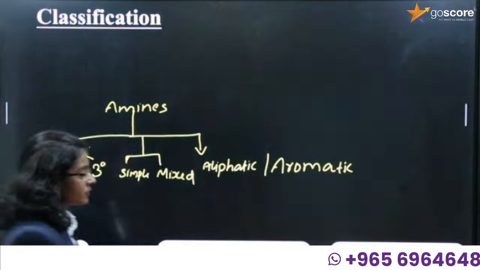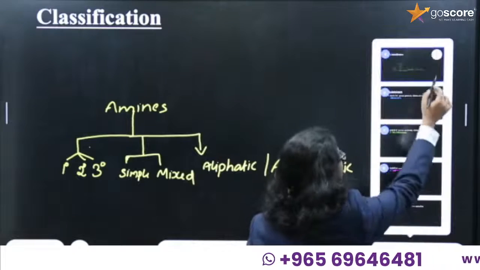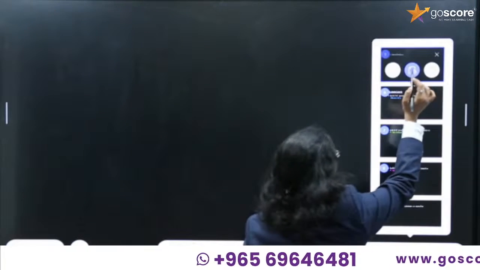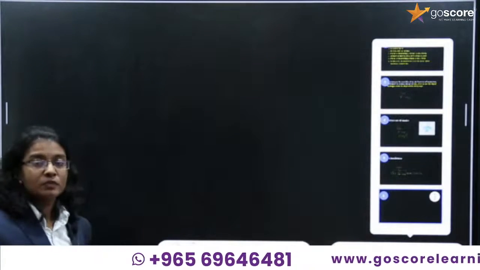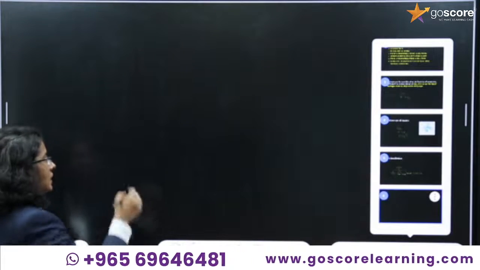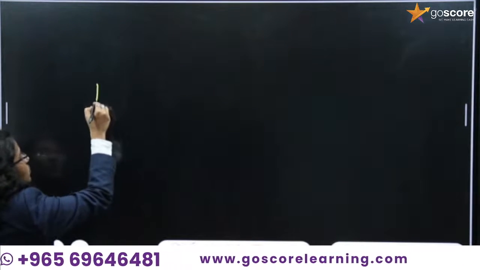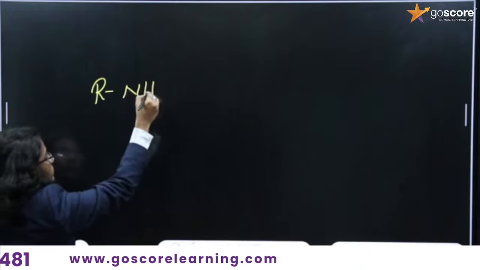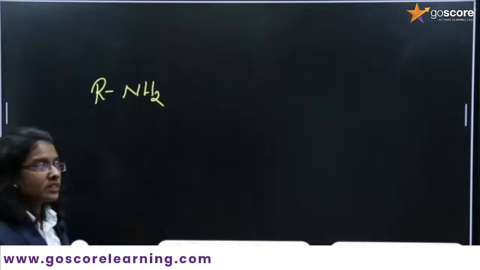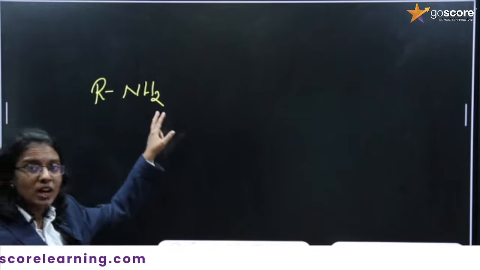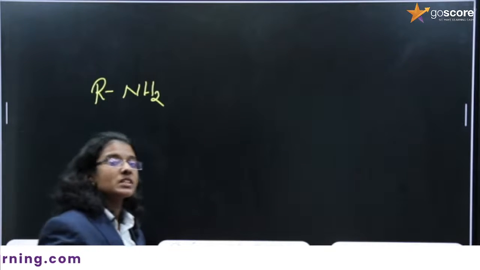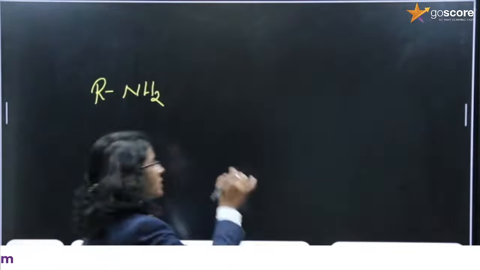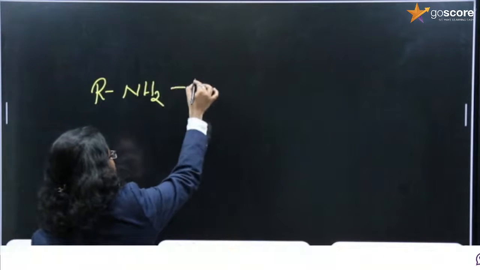Let us discuss the first method of classification: based on the number of hydrogen atoms, we can classify amines as primary, secondary, or tertiary. So RNH2. Here you can see that the nitrogen contains two hydrogen atoms. If the nitrogen atom is attached to two hydrogen atoms, you can call it a primary amine.